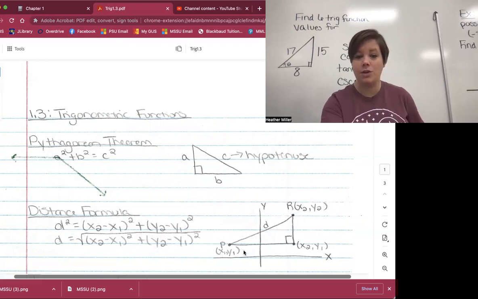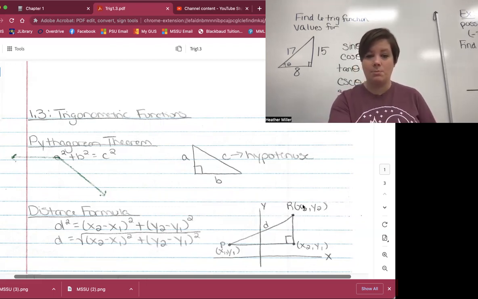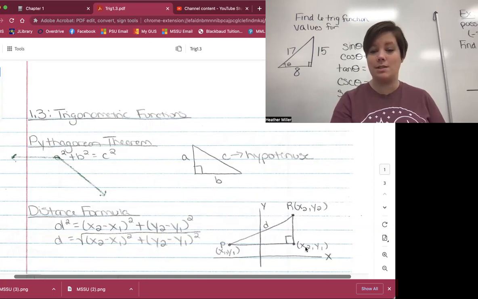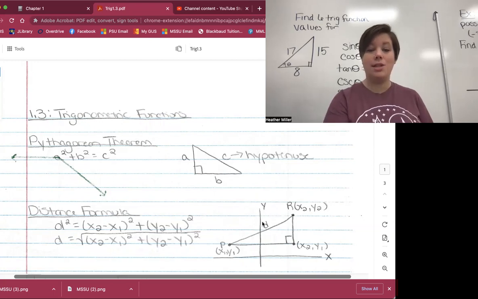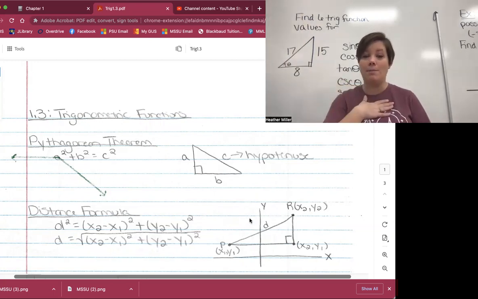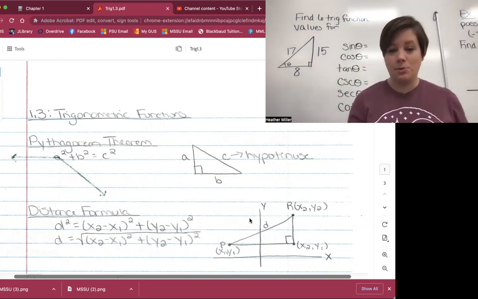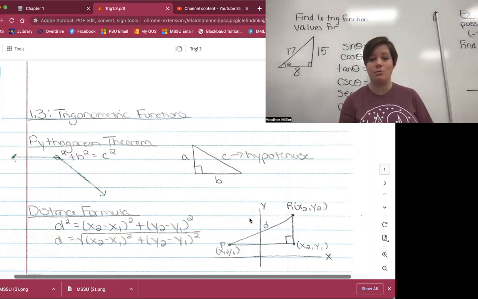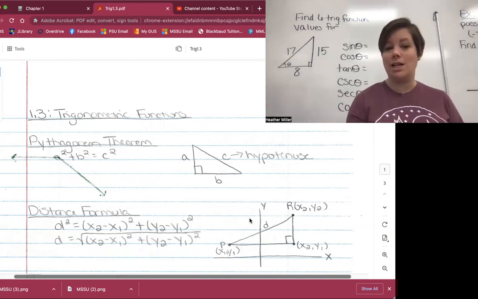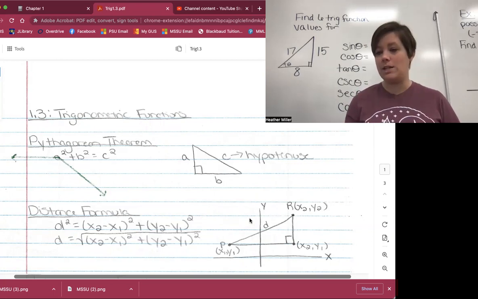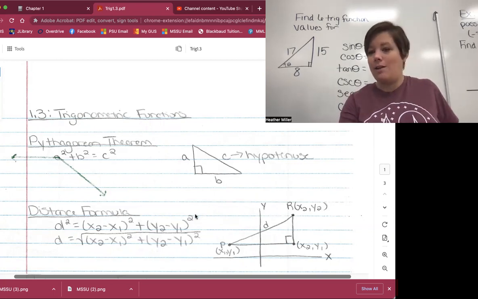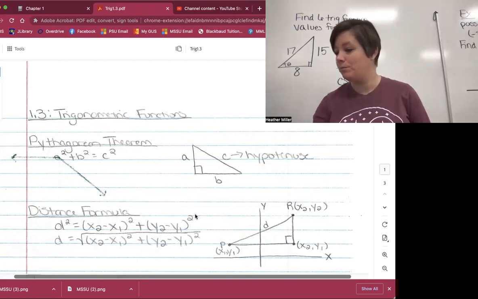If we have these points, this P and this R, and then we have this x2, y1 point down here, then what I'm actually doing is taking the distances of these sides and squaring them, adding them together, and then taking the square root to find the distance of the hypotenuse, which is using the Pythagorean theorem. You will never be asked to prove that, but I wanted to show you that there really is a connection, and we utilize this information in a lot of different ways. So the Pythagorean theorem is why we have the distance formula, which is pretty cool.